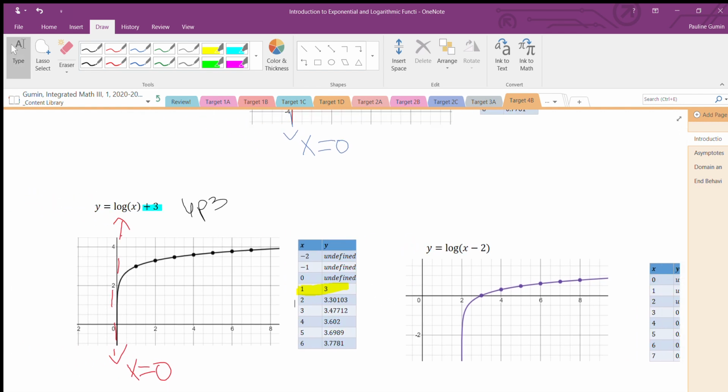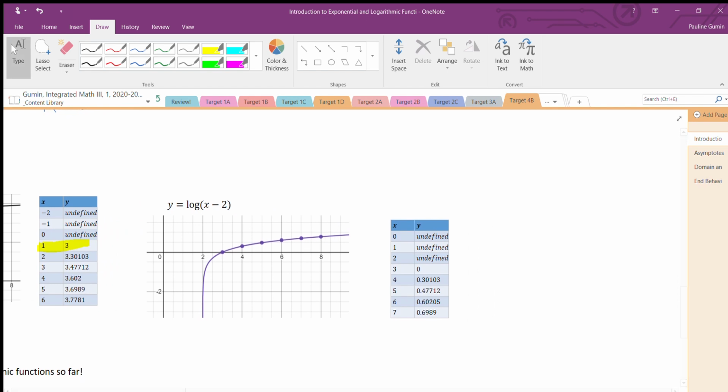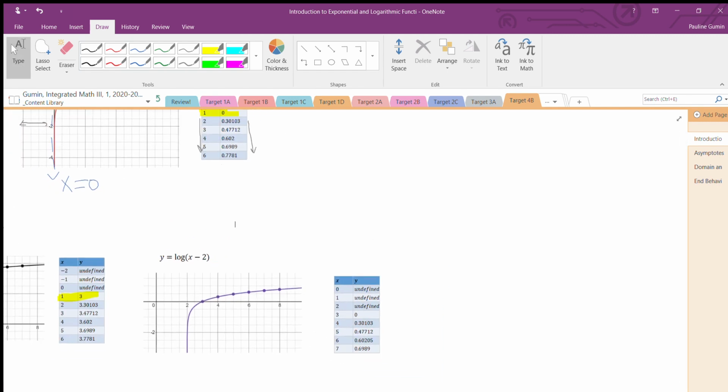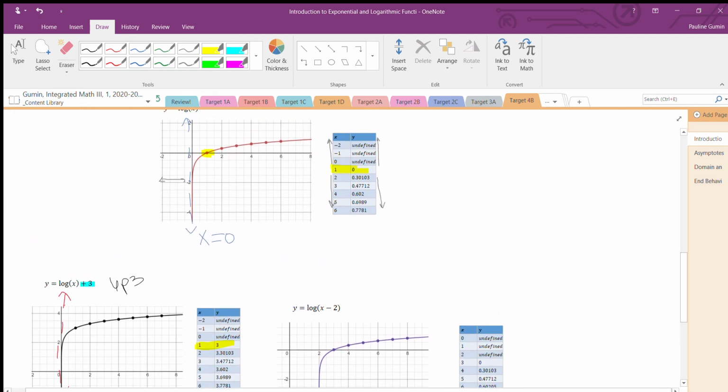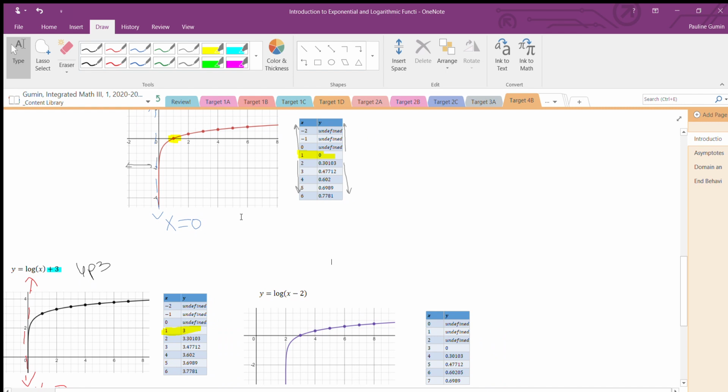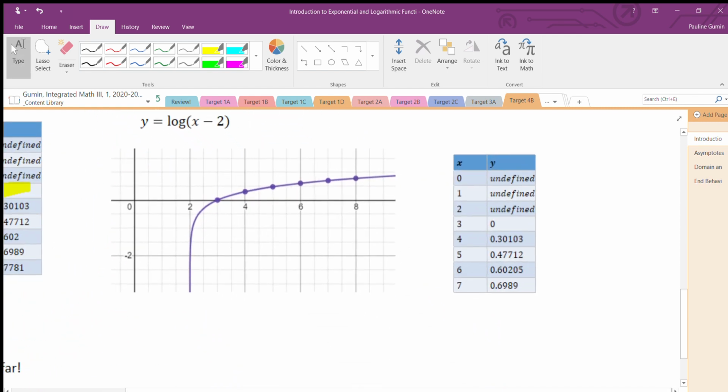Let's take a look at the second one. Here we have y equals log of x minus 2. Now, if we take a look at the original graph and this logarithm, hopefully you can see that it's been shifted to the right. Now, after we find out it's been shifted to the right, maybe we don't know how many spaces. Let's check it out.